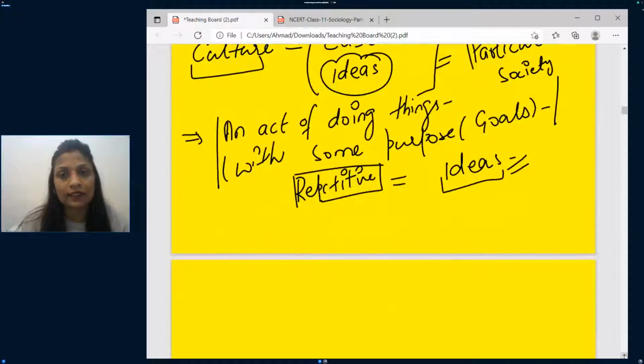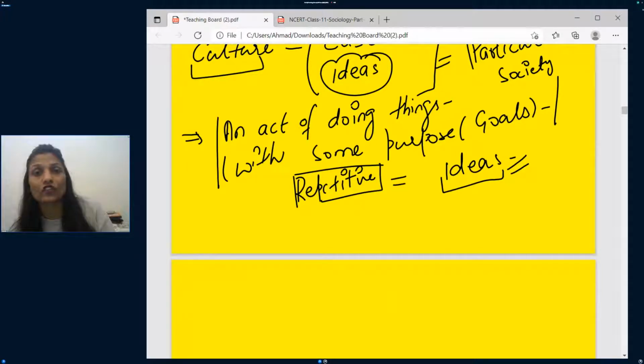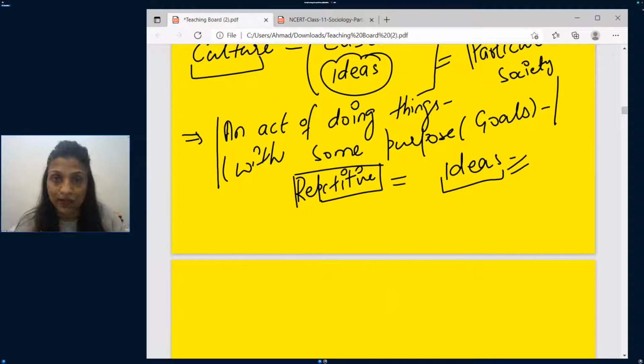So culture is something that many theorists and thinkers have explained. In sociology and in anthropology, culture is a fundamental aspect which defines all the institutions that are created by culture.